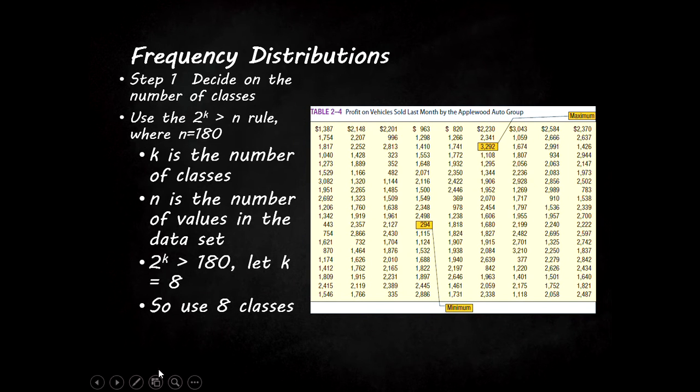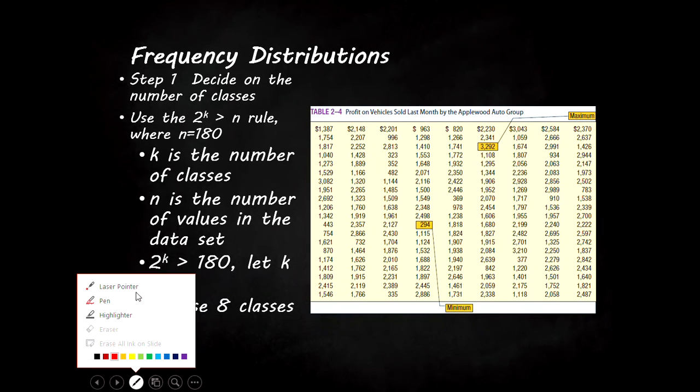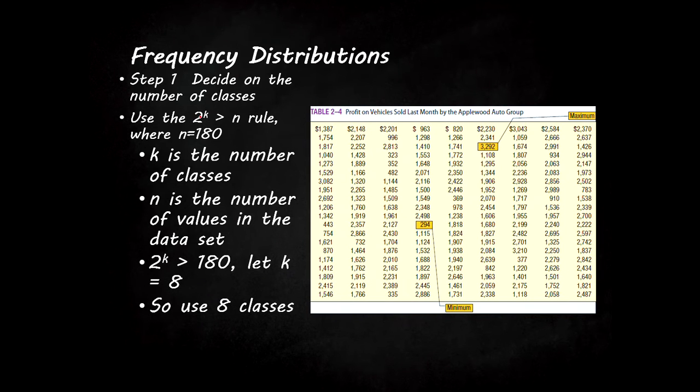So 2 to the k is greater than n, where n is 180.